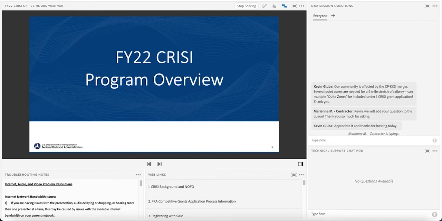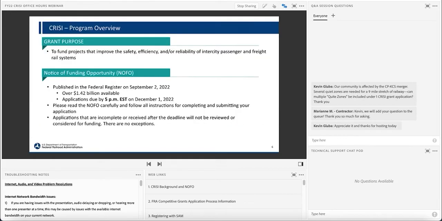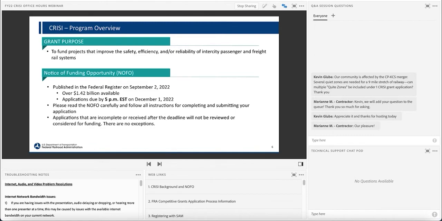Okay, so FY22 CRISI program overview. This acronym stands for Consolidated Rail Infrastructure and Safety Improvements. The purpose of this program is to fund projects that improve the safety, efficiency, and/or reliability of intercity passenger and freight rail systems.